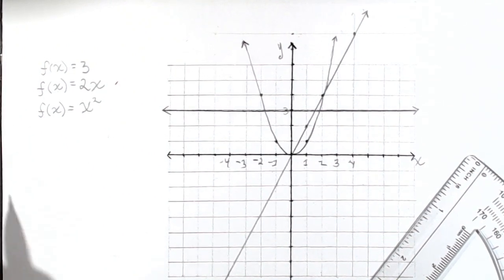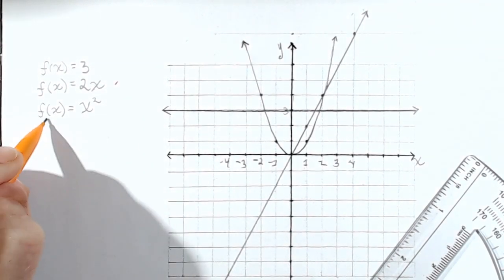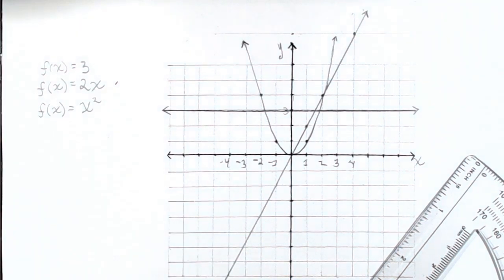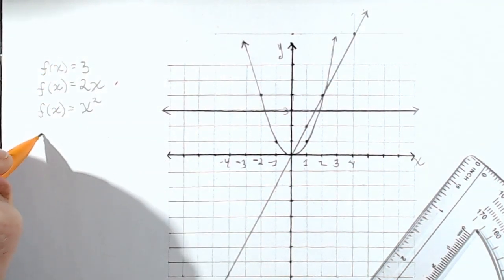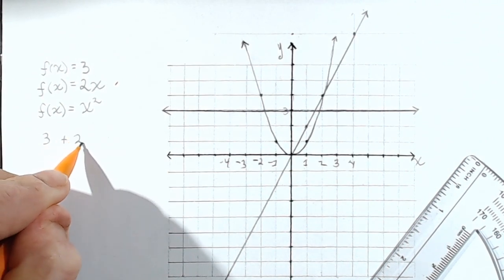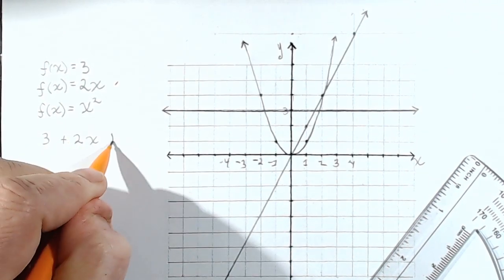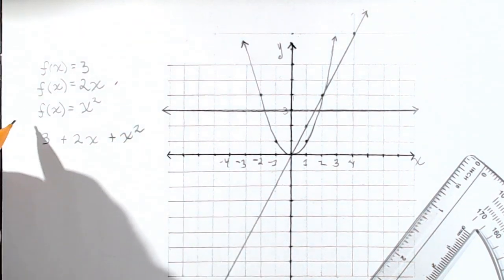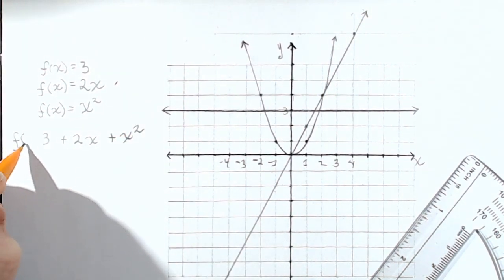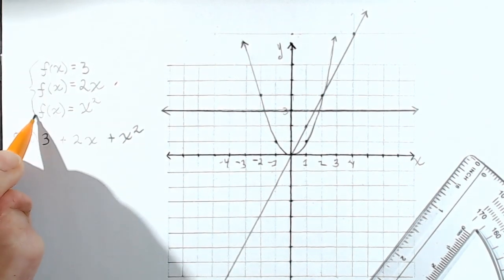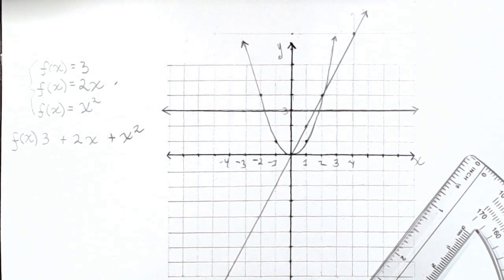And so the question is, what if we added them all together? Okay, and we had f of x plus f of x plus f of x. Well, you'd have 3 plus 2x plus x squared. Okay, so f of x now equals the composition of all three of these functions.